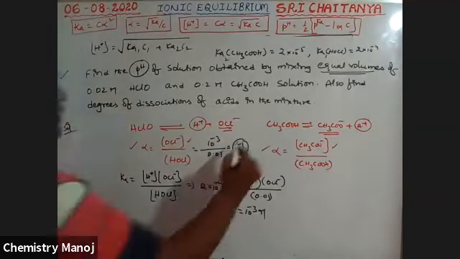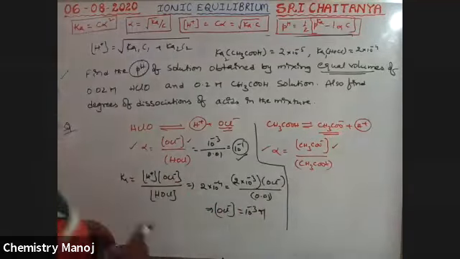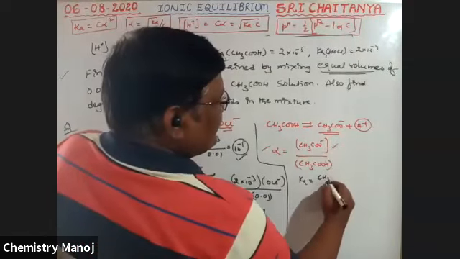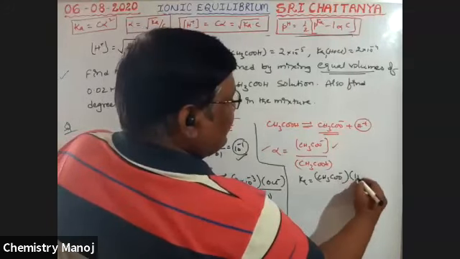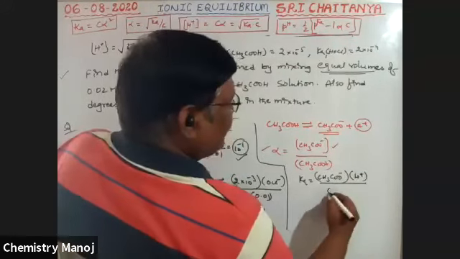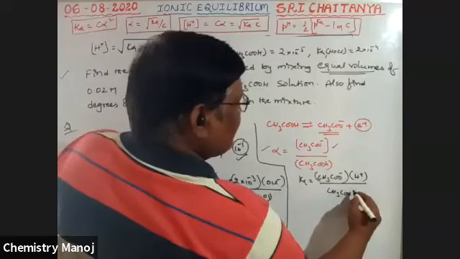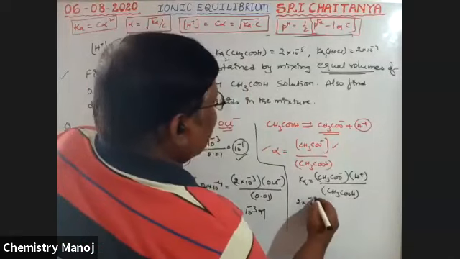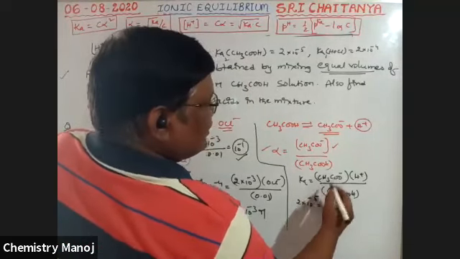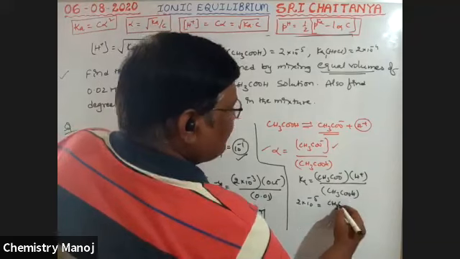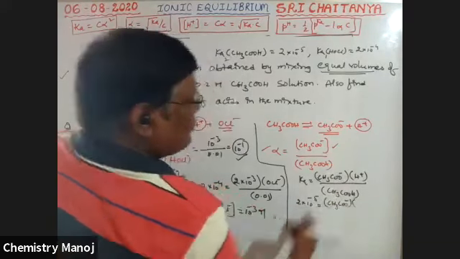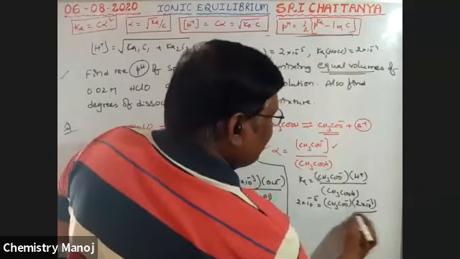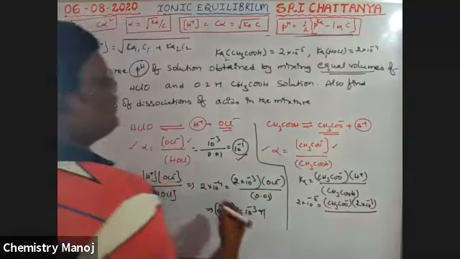So similarly, you should calculate here also. Here Ka is equal to CH3COO minus concentration into H plus concentration by the CH3COOH concentration. The Ka value for this one is 2 into 10 power minus 5, equal to the CH3COO minus concentration, which we should calculate, into H plus concentration, which is 2 into 10 power minus 3, already calculated, by the CH3COOH concentration in solution.